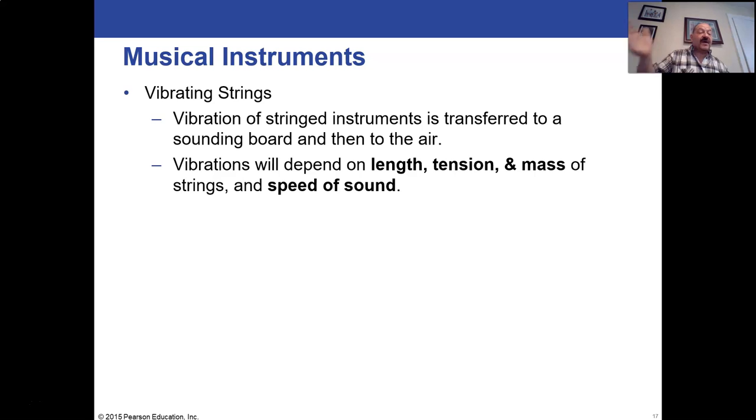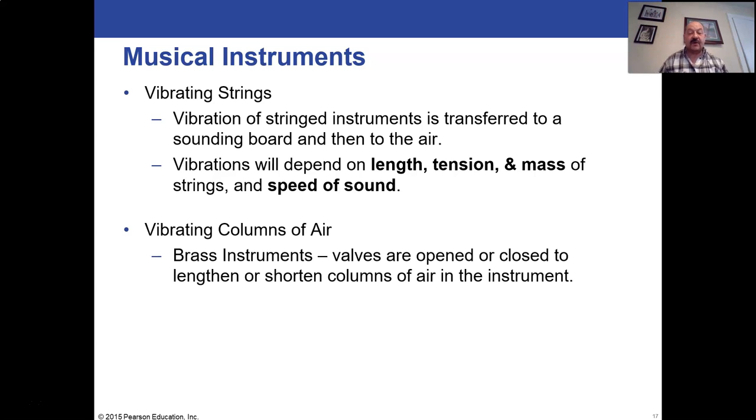Well, if you've got a set wavelength and you change the speed of sound because you're at high altitude or low altitude, you'll change the frequency, so it might not be the pitch that you've set for that musical instrument. So you might have to retune it if you're up high, if you're playing in Colorado versus playing in Florida where the altitude is low.